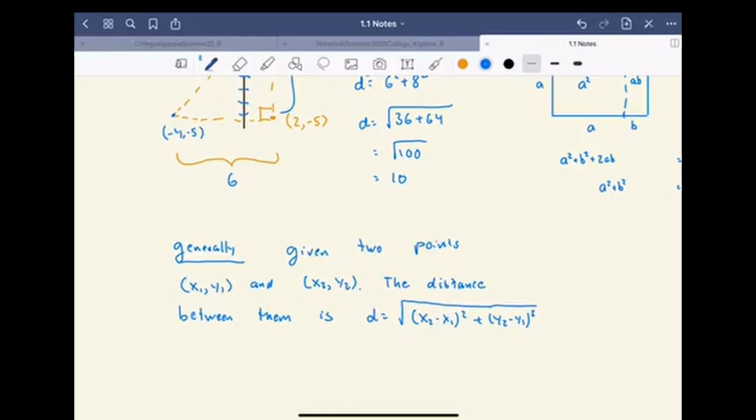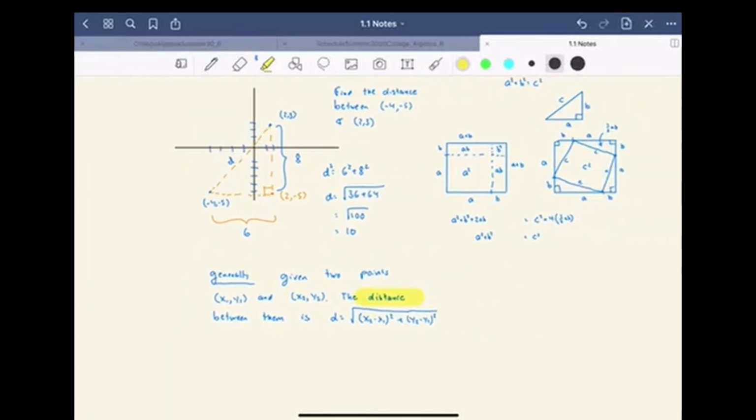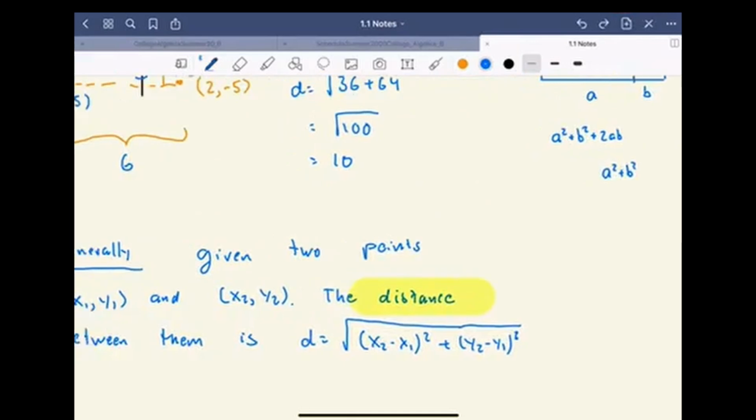Okay. Now, that's the formula, but oftentimes I'm going to treat it as just the Pythagorean theorem as I did up here. Okay? All right, let's do a couple of examples.